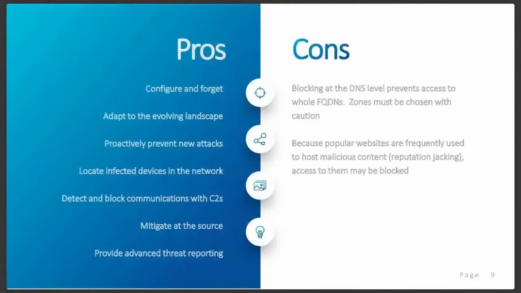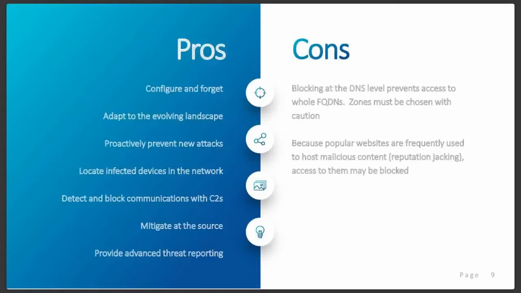So, pros and cons of using a DNS firewall: there are many more pros than cons. Basically, the RPZ mechanism of exchanging data, exchanging zones, is really a configure-and-forget one. Once it's configured, and I'm going to show it's really simple to configure, you just let it work and it will automatically transfer data to your DNS server.